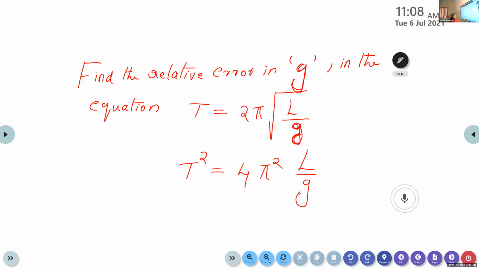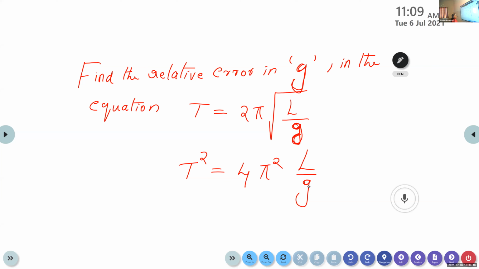Now, can you form an equation for g from this equation? Try to form an equation for calculating g from this expression, because here we want to calculate the relative error of this term g.